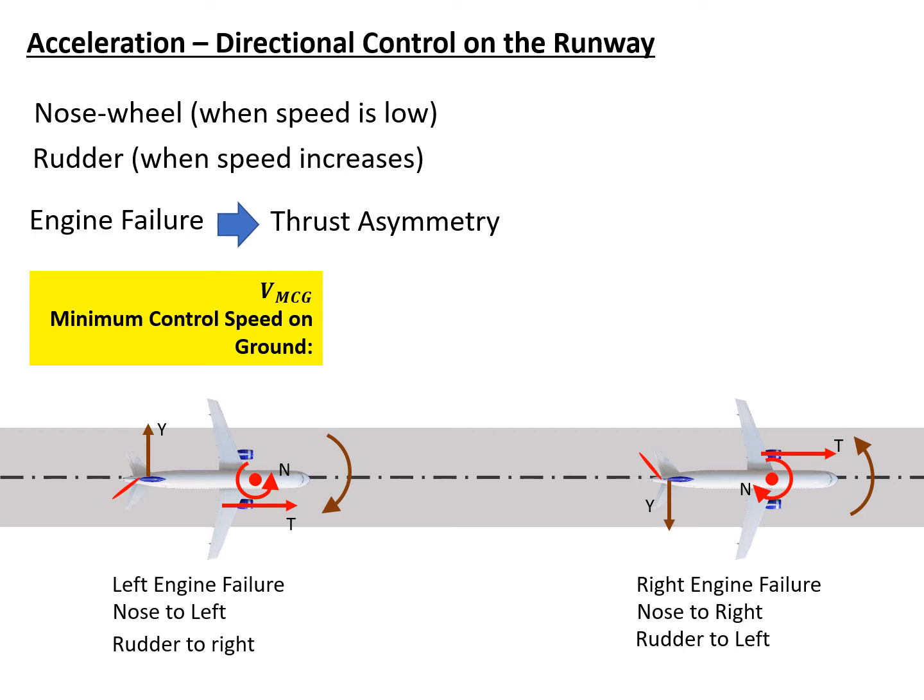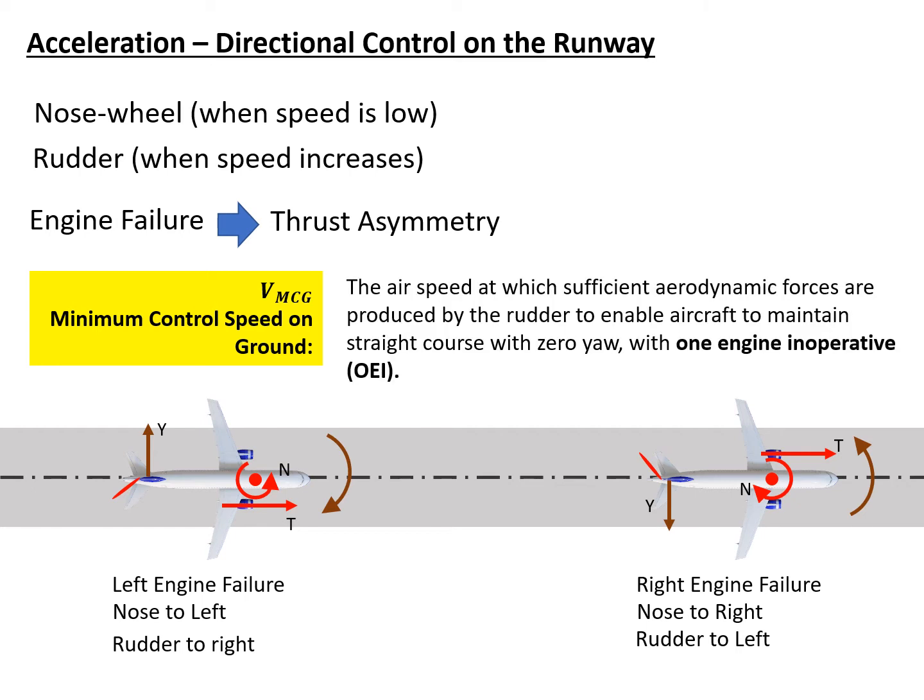And there's one velocity we need to bear in mind. That's the minimum control speed on the ground. And this airspeed is when sufficient aerodynamic forces are produced by the rotor to enable aircraft to maintain straight course with zero yaw, with one engine inoperative.